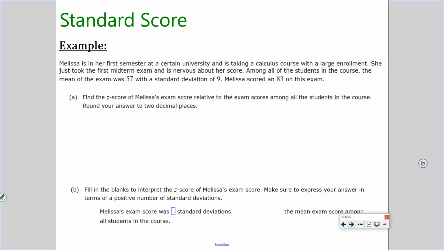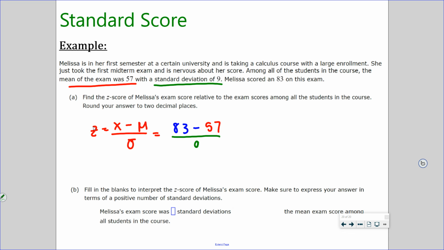Find the z-score of Melissa's exam score relative to the exam scores among all the other students. You don't have to write this formula down again if you don't want to, but we know Melissa scored an 83. That's my data entry. Minus the mean, which was 57, divided by the standard deviation, which is 9.